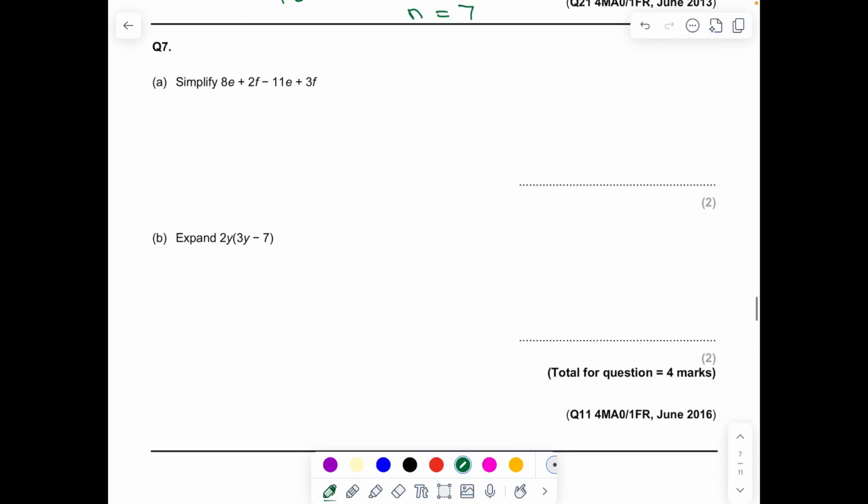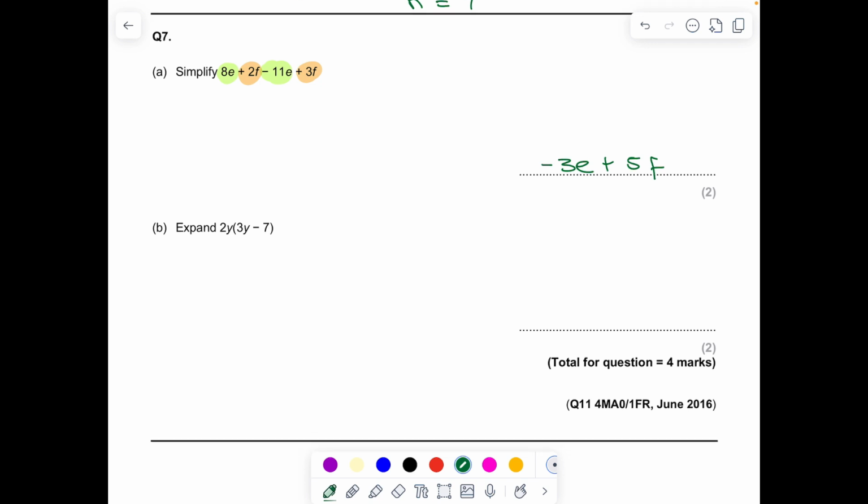That's absolutely fine. Right. Collecting like terms, we've got E take away 11E. So that gives you minus 3E. And then you've got 2F plus 3F, which gives you 5F.